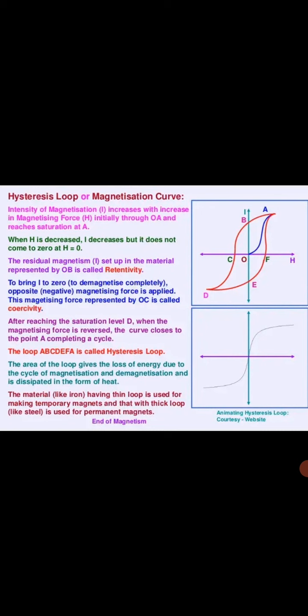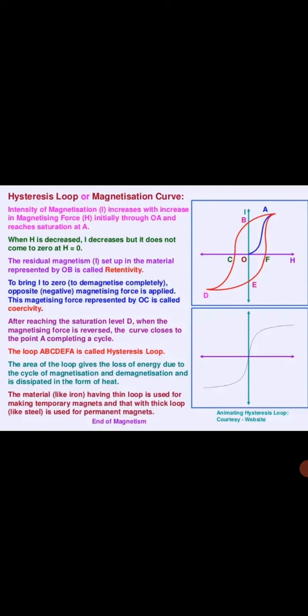So the part OB is known as the residual magnetism set up in the material. This part OB, when H is equal to 0 and I is finite, is called the retentivity. So OB represents the retentivity, meaning how much the substance retains its magnetic properties when H becomes 0.